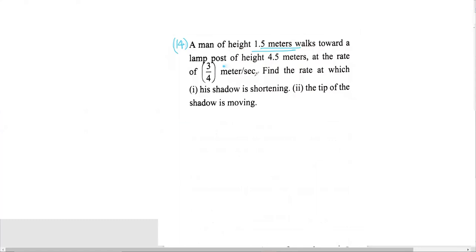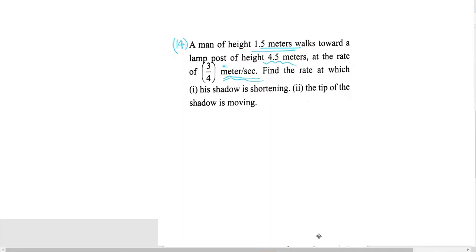This time the man is walking towards the lamppost of height 4.5 meters at the rate 3 by 4 meters per second. Find the rate at which his shadow is shortening, and the rate at which the tip of the shadow is moving. Okay. So let us start solving this problem.